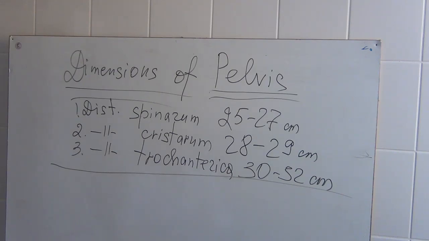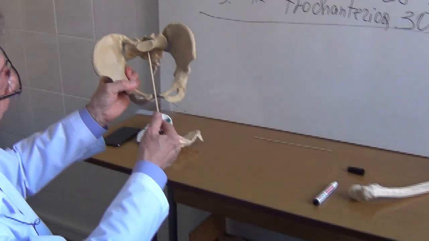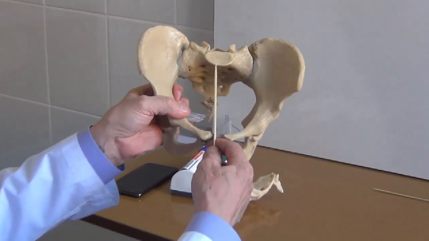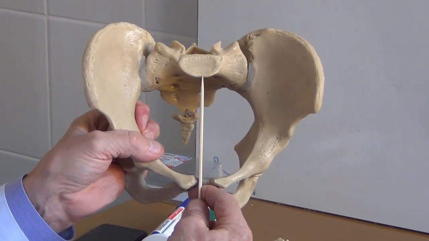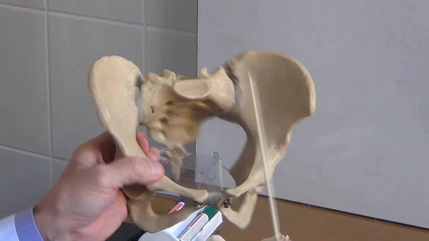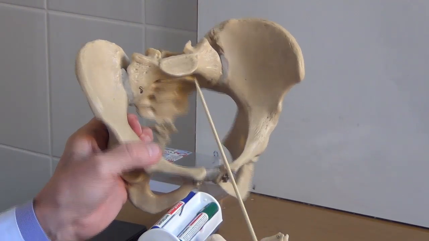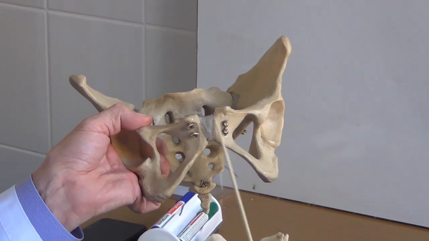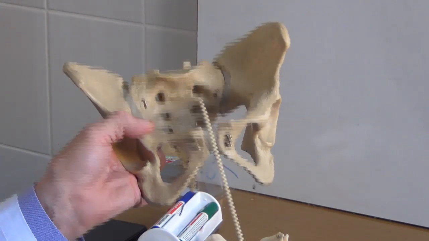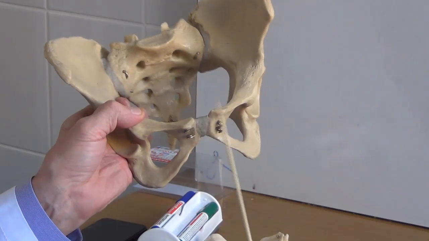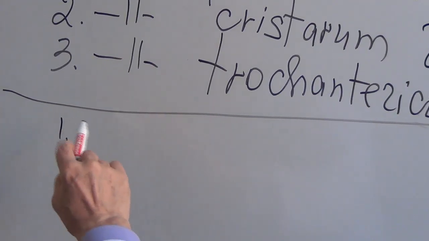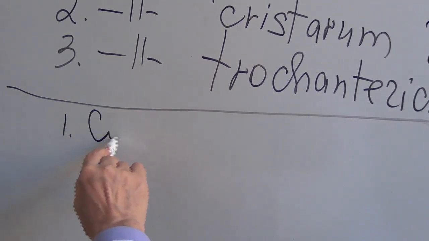One of them is the dimension in the mid-sagittal plane, which connects the promontorium with the upper anterior point of pubis. This distance is called conjugate.